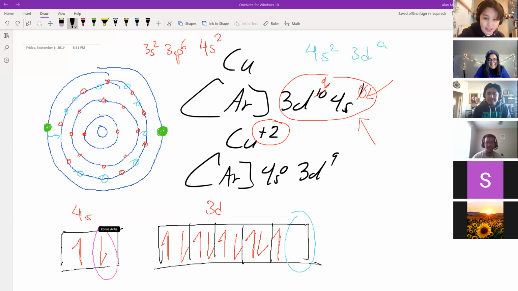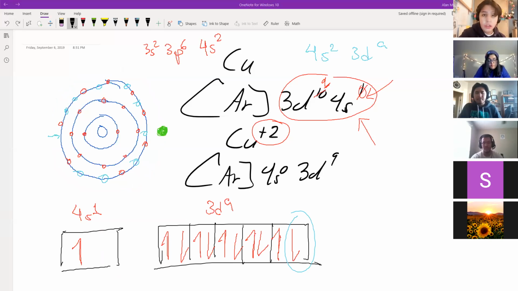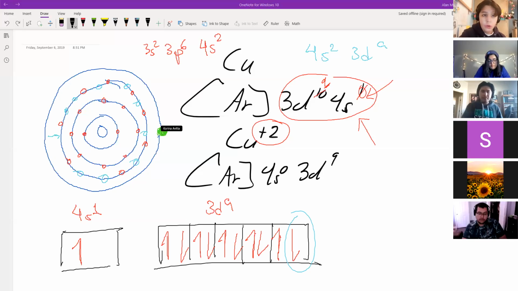Proud. We stand. Right. So we're going to take this electron back down to the d. So we take this away, and that's why we're left with 4s1, 3d9. And over here, we take out one of the outer shell electrons, and now we put it over here.